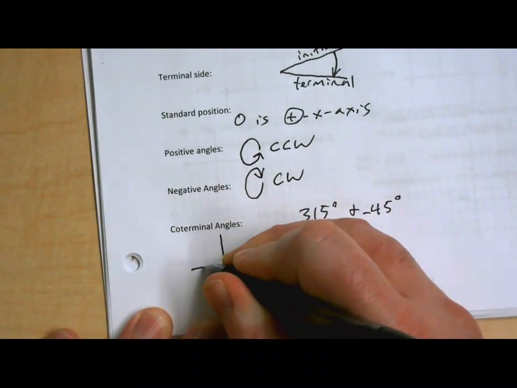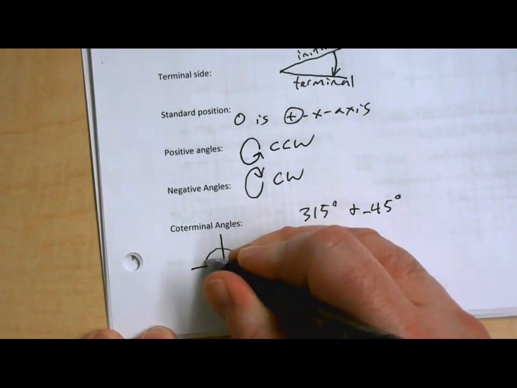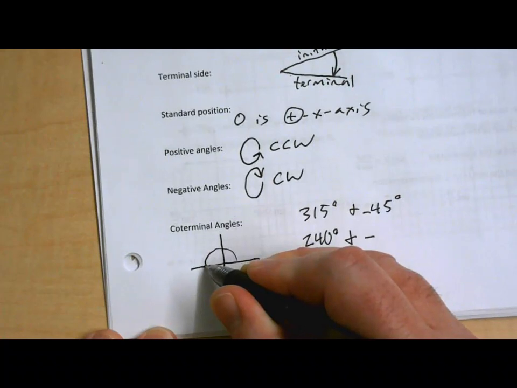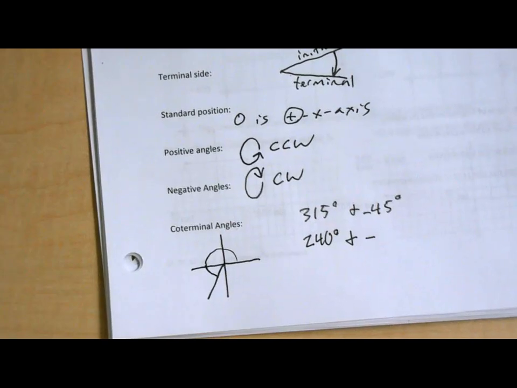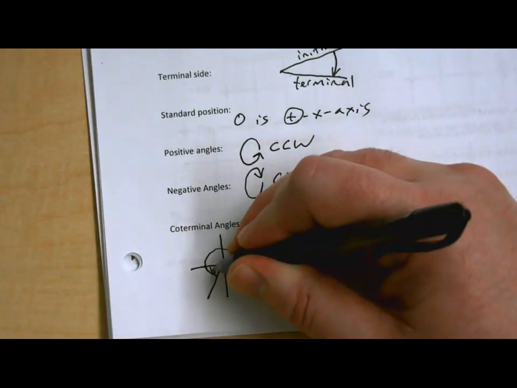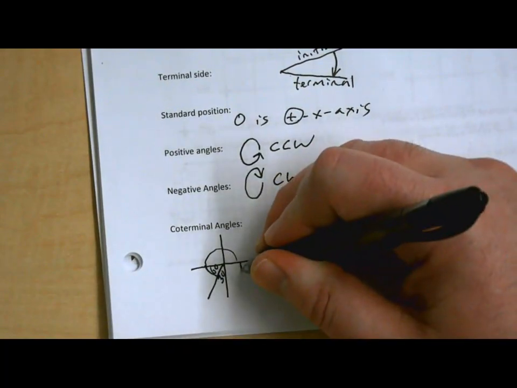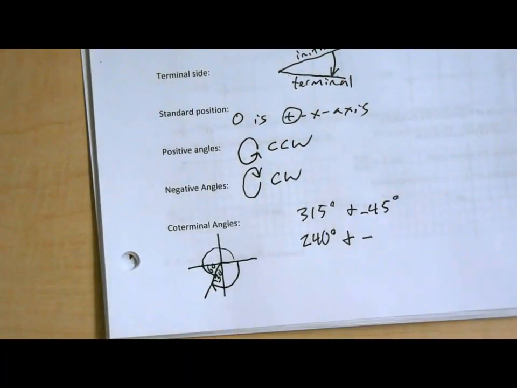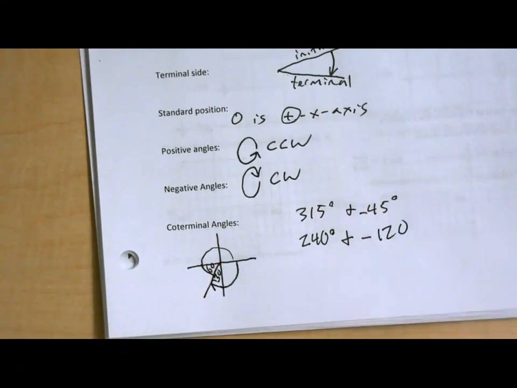If it's helpful, you could always draw yourself a little picture of what 240 would look like. 240 is going to be half of the circle, that's 180, plus another 60. So that'd be 60, and this would be 30. So if I want to rotate negative, I need to go negative 90 plus another 30. That would be the same as negative 120.